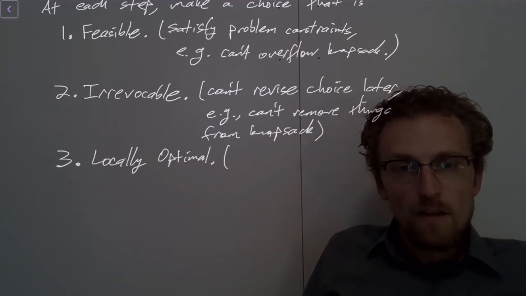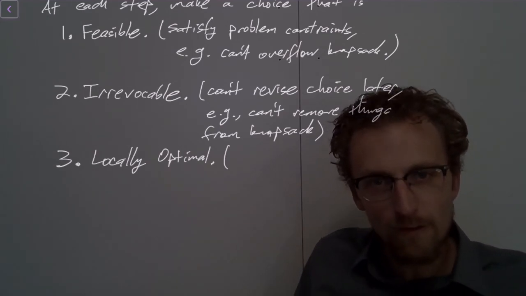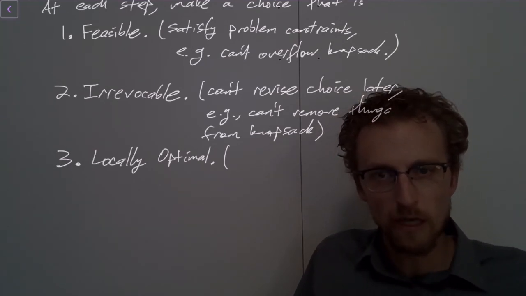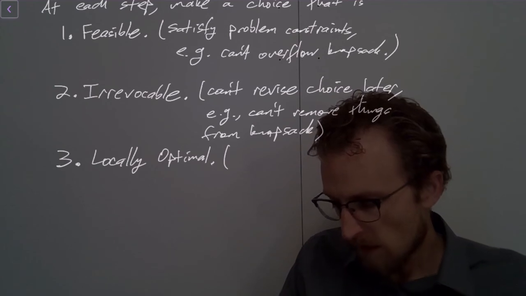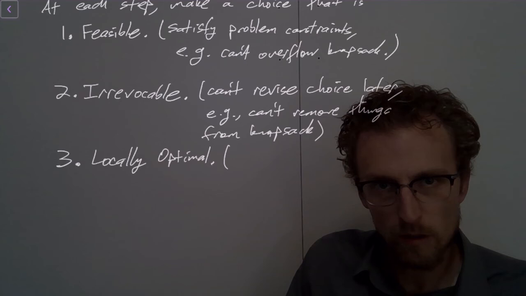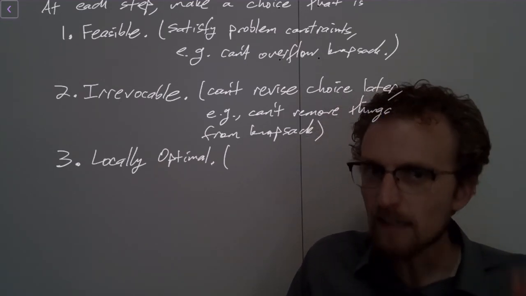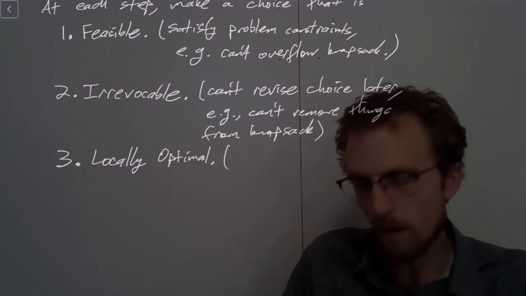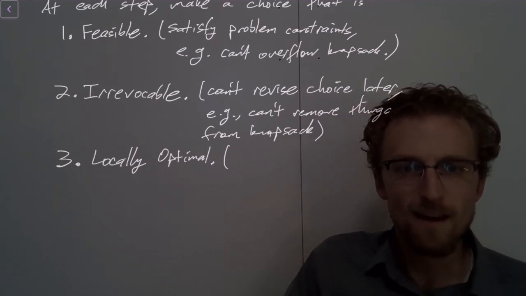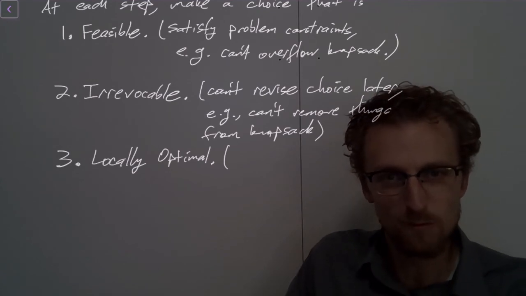At every step, the algorithm makes this implicit assumption that the world is ending after this step. So it tries to do the very best it can to get the most value it possibly can in that one step. The exact way that locally optimal works out is going to be a little bit different from greedy algorithm to greedy algorithm. In fact, there's a different greedy algorithm for the knapsack that doesn't exactly work according to that same principle, but nevertheless, you get the idea. The algorithm essentially pretends that the world ends after this step, and so it tries to do as well as it possibly can in this next step.